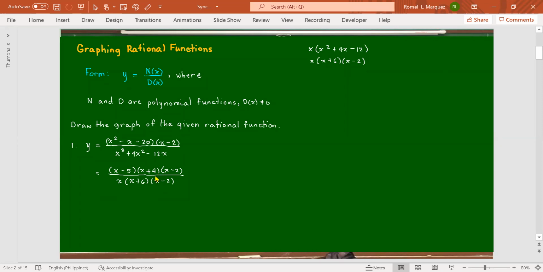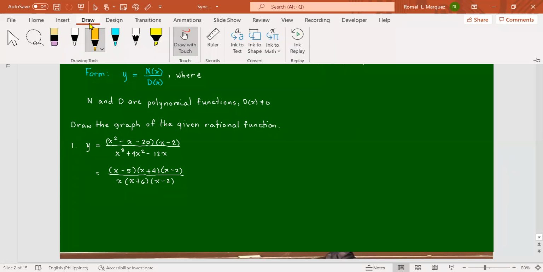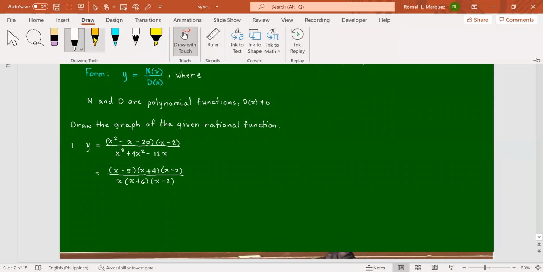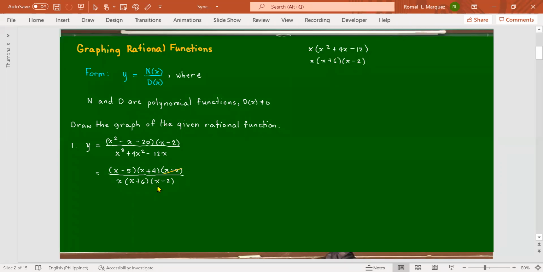So after factoring, we now get the restrictions. Remember, there are two restrictions that we need to determine, holes and asymptotes. Now, to simplify this, we cancel x minus 2, because that is common.